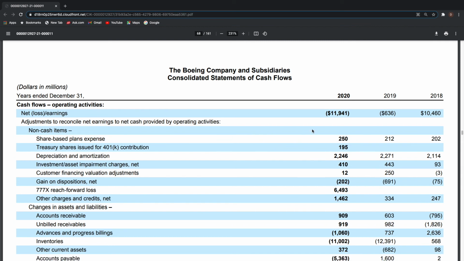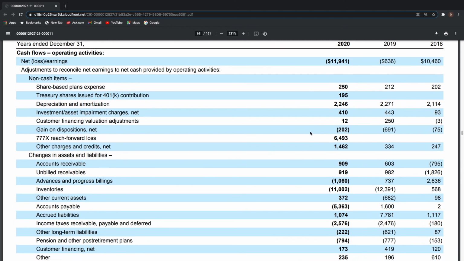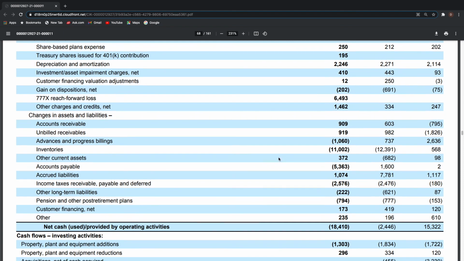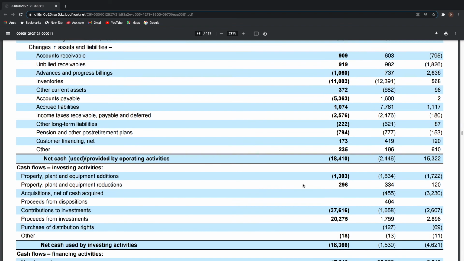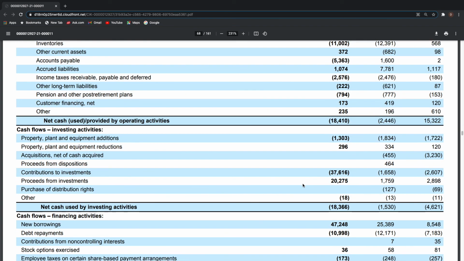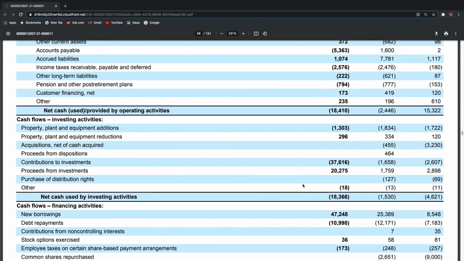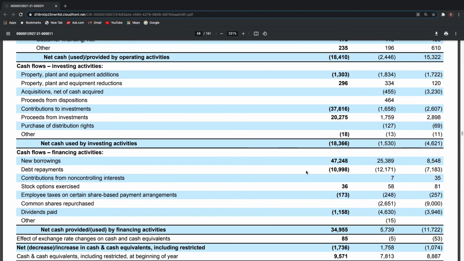So this is already the starting point, and we look further down here at the net cash from operating activities, and we see that this is negative $18 billion, and we can see that the year before was also negative. So this is really a big red flag to look out for. We can probably fairly assume from looking at this that they must have taken on debt in order to keep their operations running.